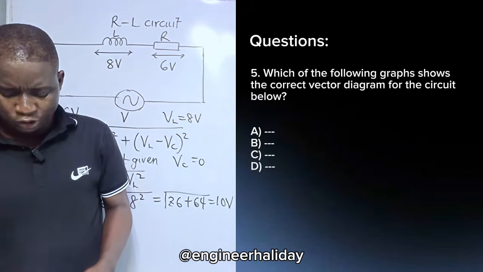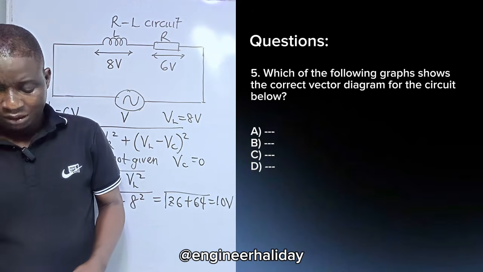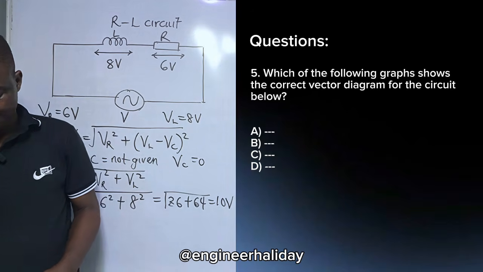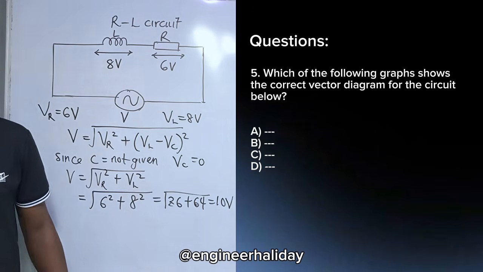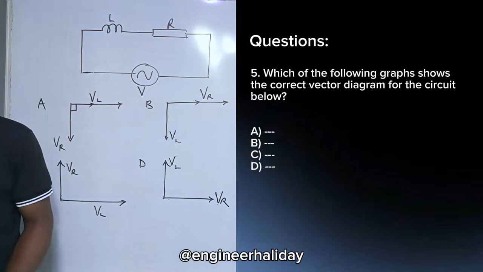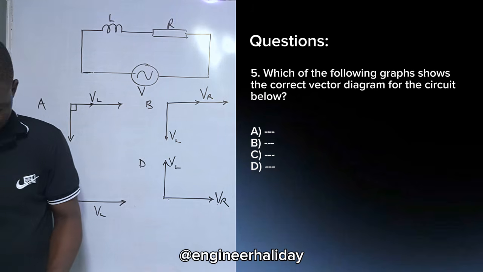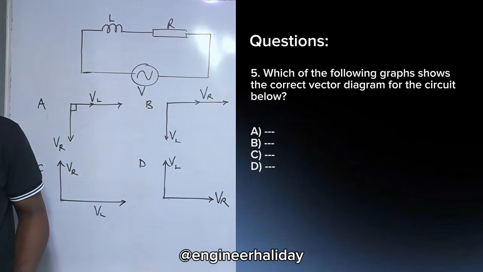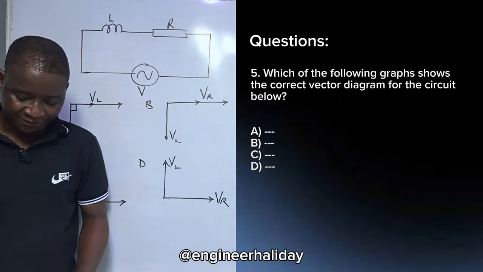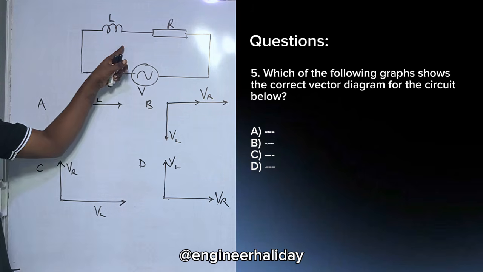Now, which of the following graphs, I want to also draw a diagram here, shows the correct vector diagram for the circuit below. According to the question, this is a circuit.